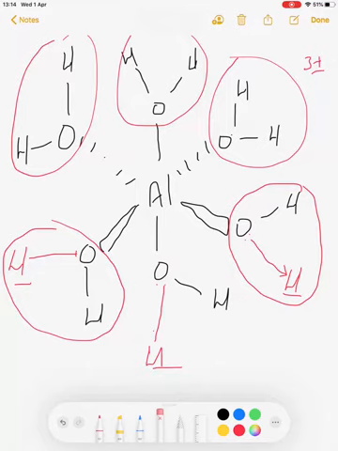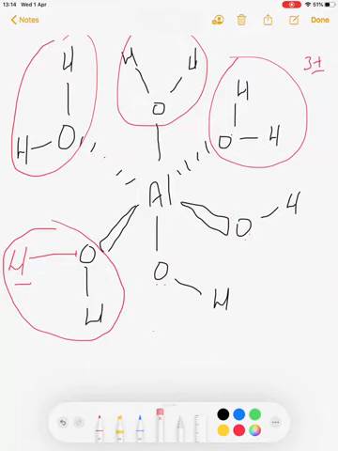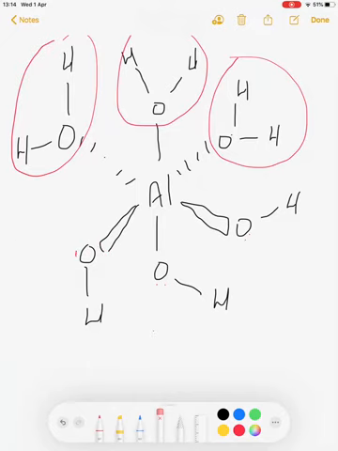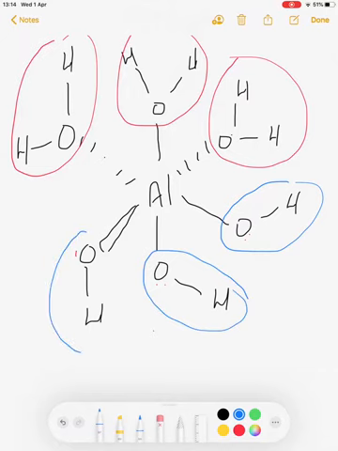If I just go back to where we were with the hydroxide. So again, we've got aluminium hydroxide, which has got 3 waters circled in red and 3 hydroxides here.